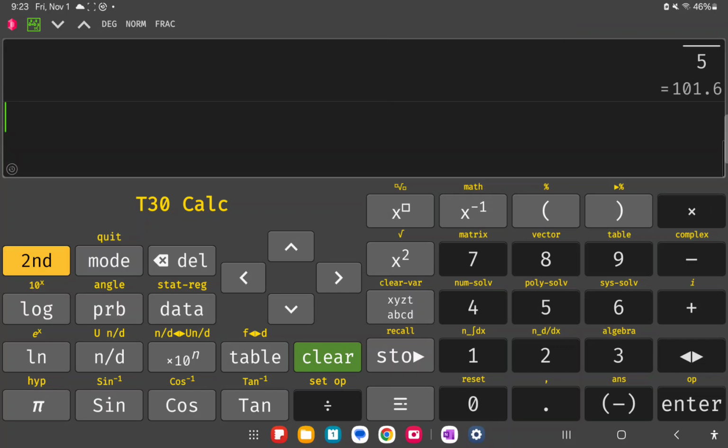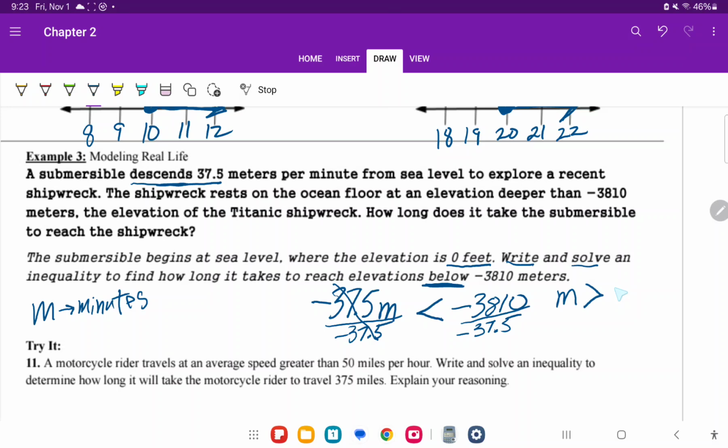Okay, 101.6 minutes. So M is going to be greater than 101.6 minutes is what that is. Which is more than an hour and a half to get to that point.